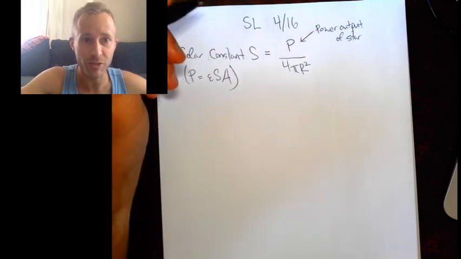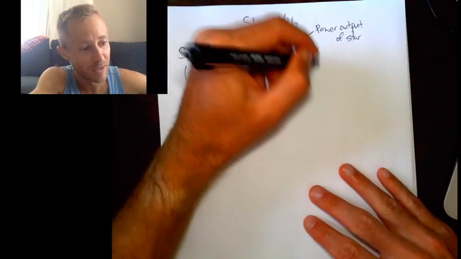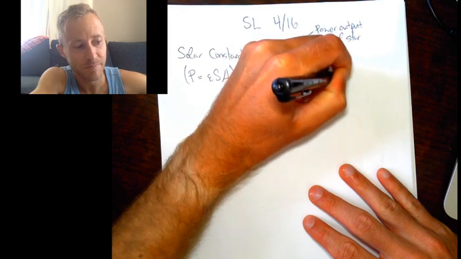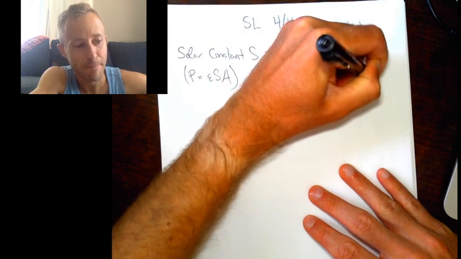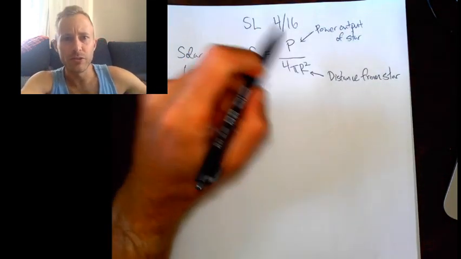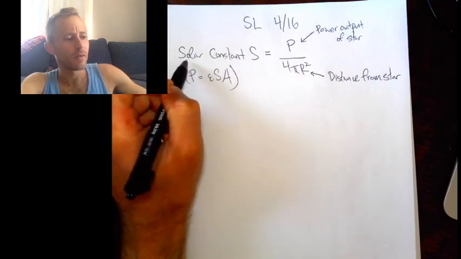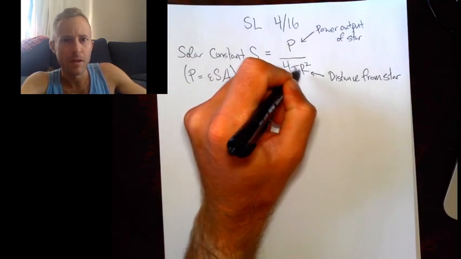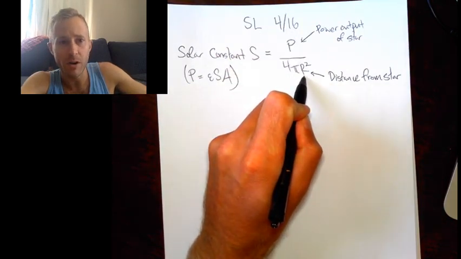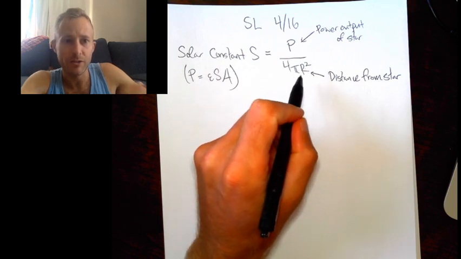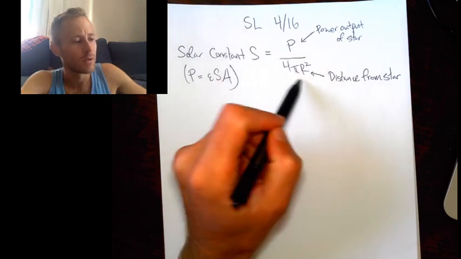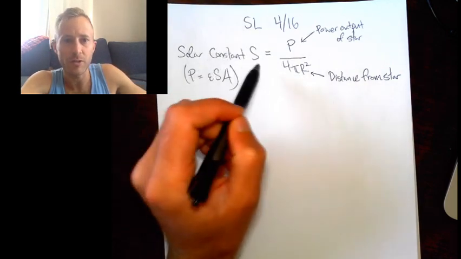But the sun is very far away from us. So R is the distance from the star. So the farther you are away, see how R is on the denominator, the smaller the solar constant is.